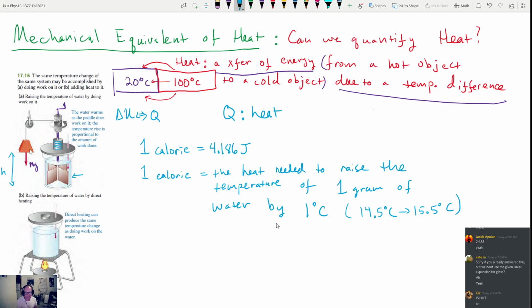Now, the type of calorie that you know about, the calorie on your cereal boxes and your sodas, or on the menu when you go to McDonald's, is 1,000 calories. So on food packaging, 1 calorie with a capital C is equal to 1,000 little calories, or 4186 joules.